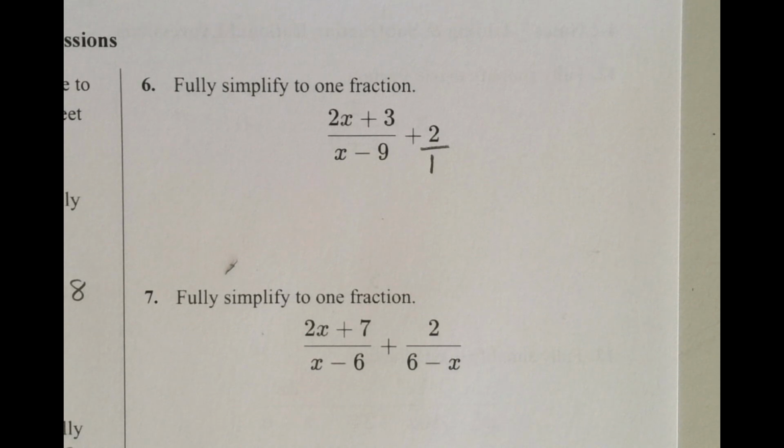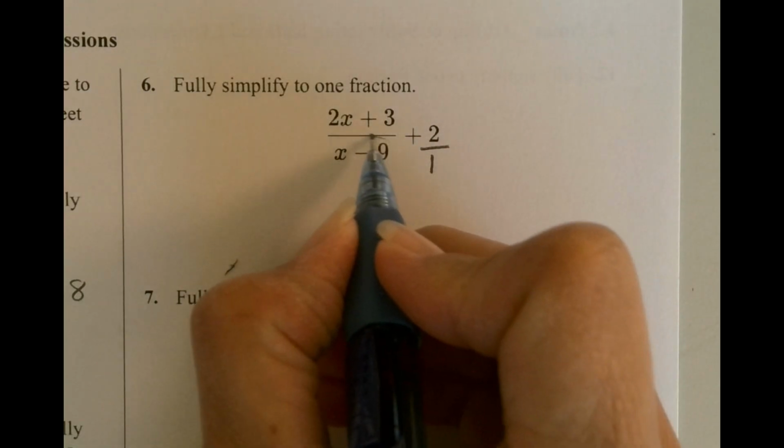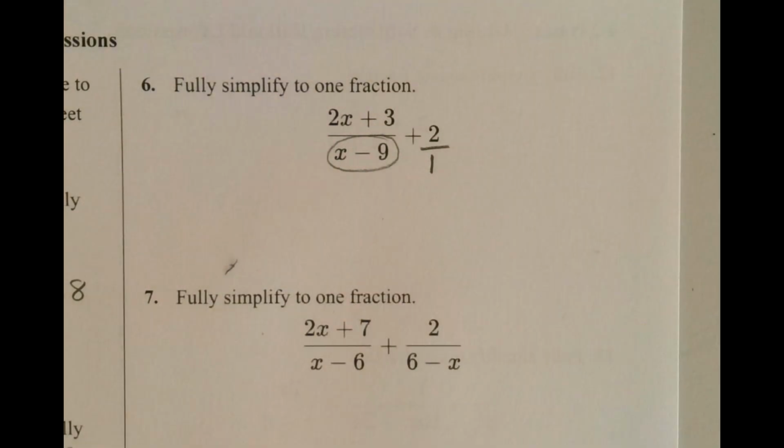So as you can see right now, x minus 9 and 1 are not common denominators. I need you guys to treat factors as a complete number in and of itself. So imagine it having parentheses around it. The x doesn't stand alone, the minus 9 doesn't stand alone. X minus 9 works as a unit, okay?